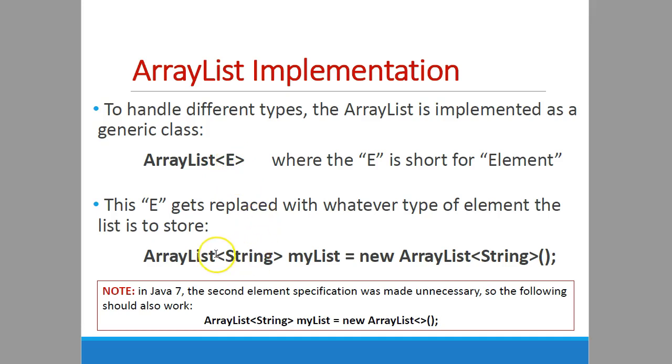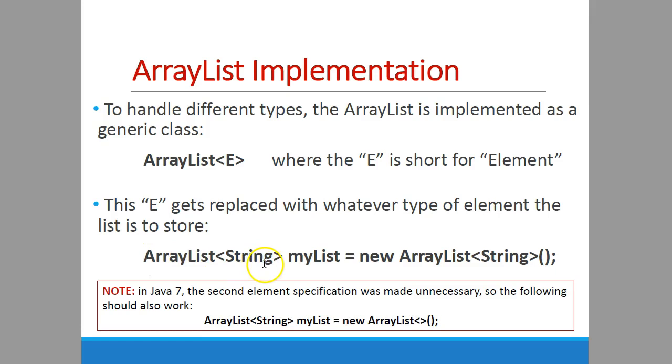When you actually declare an array list, you put the type that you want to make that array list inside these angled brackets, and this is actually part of the type. So this is not just an array list, it's an array list of strings. You should always think of this entire thing, the array list and the string in the brackets, as the type. If you do that, then it doesn't look so strange.